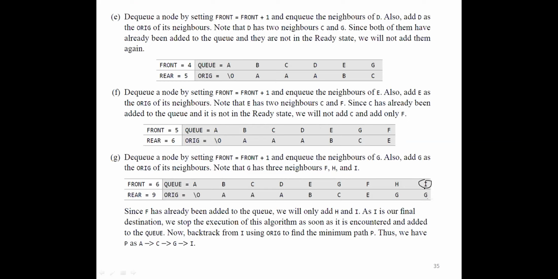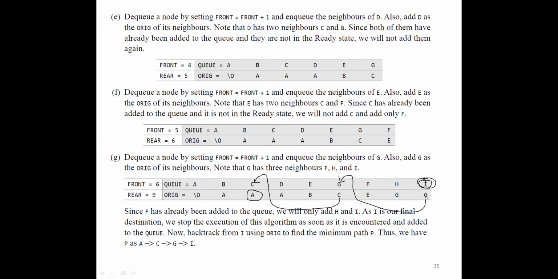Who is the origin of I? It is G. Then go to G and backtrack. Who is the origin of G? C. Backtrack it. Who is the origin of C? A. So this is our source and this is the destination, right?